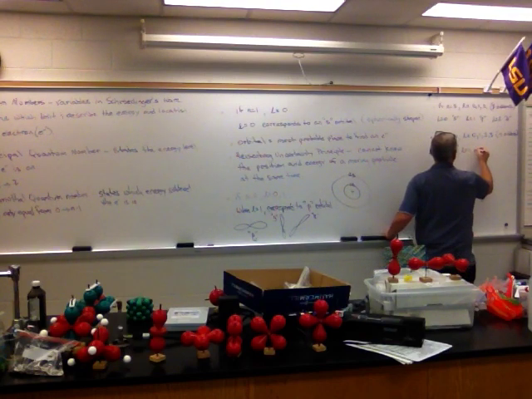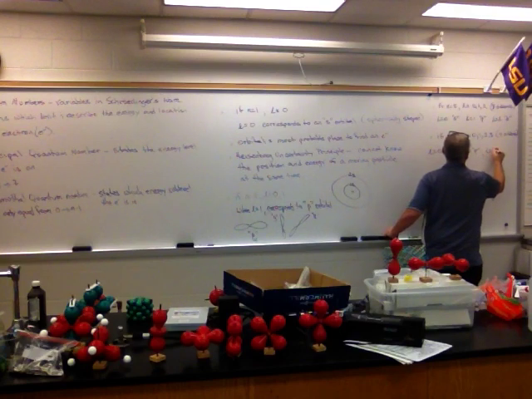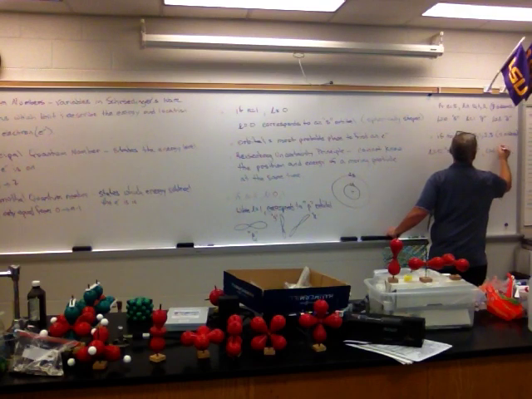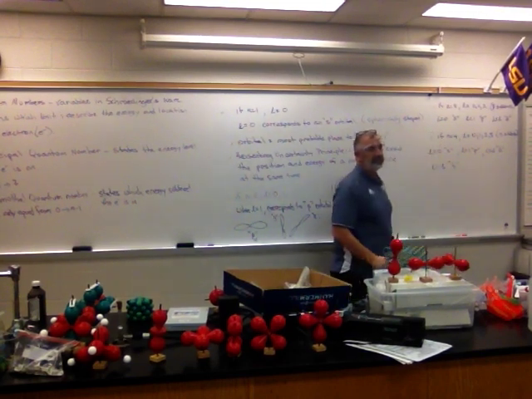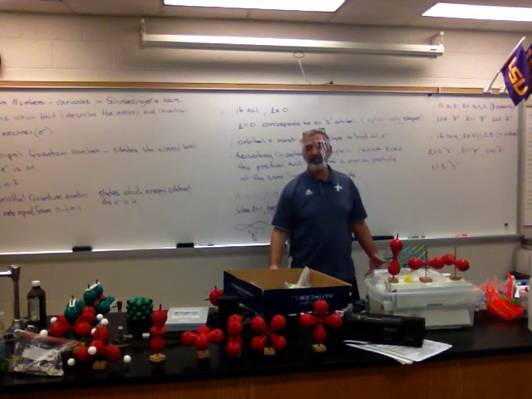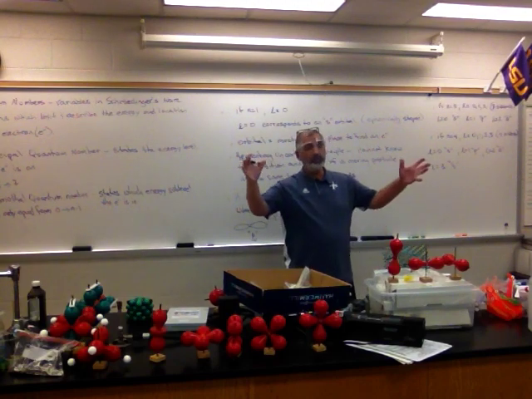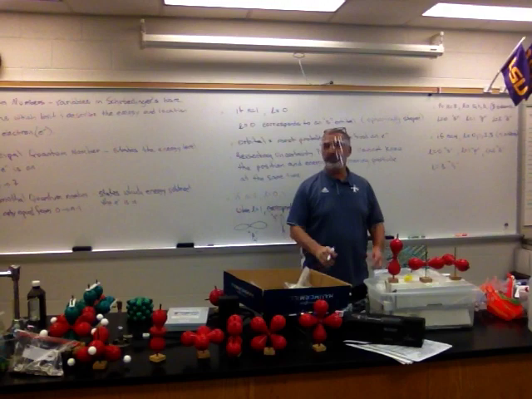L equals 3 is an F. Right. Okay? Now those are super complicated. I don't have models for those. They have like 8 lobes on them. They're pretty complicated shapes.